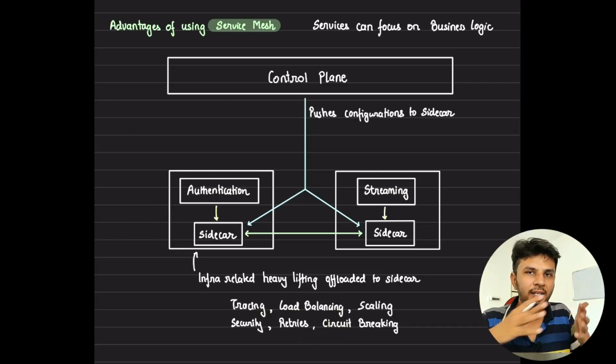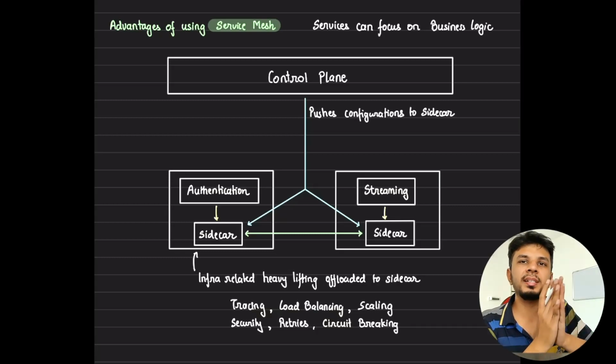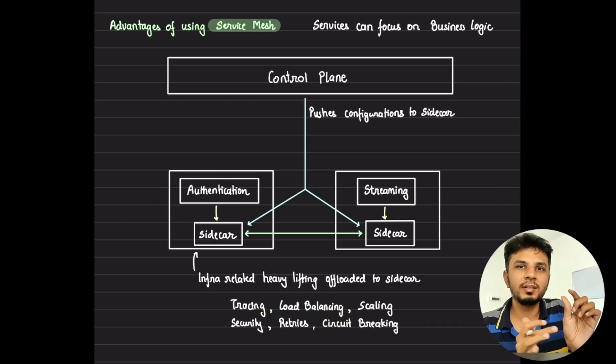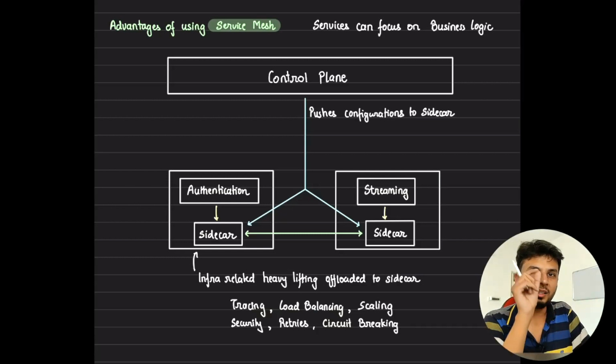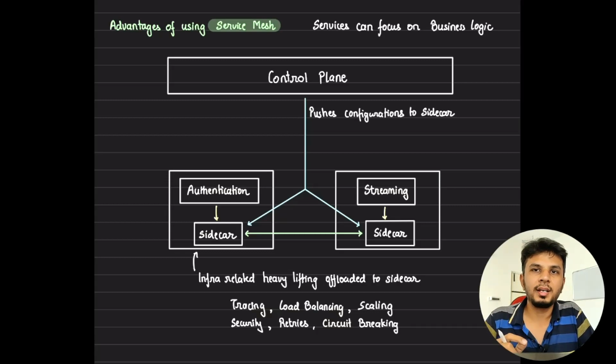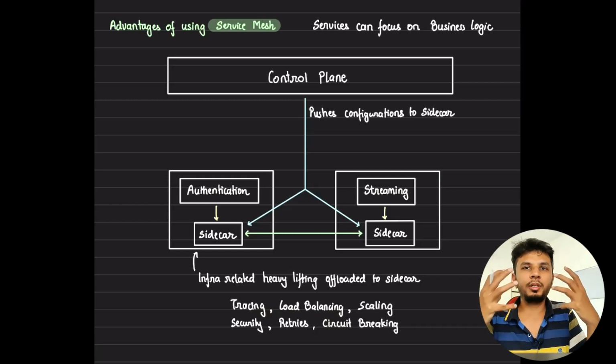Now this sidecar is a peripheral service, a small process which is running in parallel to the process which handles your primary service. And this sidecar does all the heavy lifting.